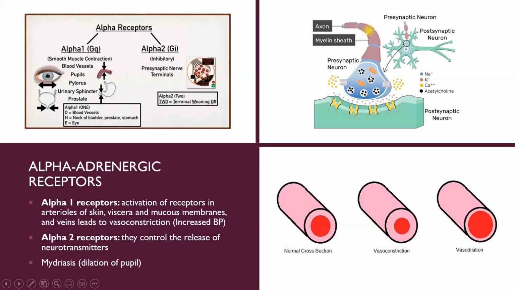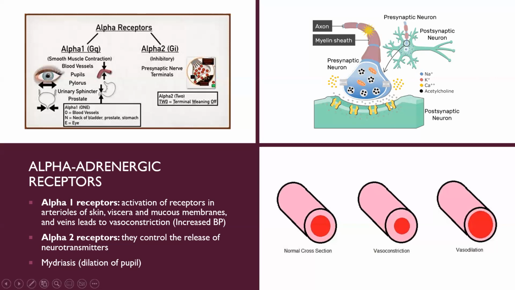And what I always think of is like a phone charger, that's kind of how I see neurons, basically that electric current going through. So what you'll have is alpha-2 receptors that release the neurotransmitters, and then alpha-1 are the ones where you're going to actually have that vasoconstriction.